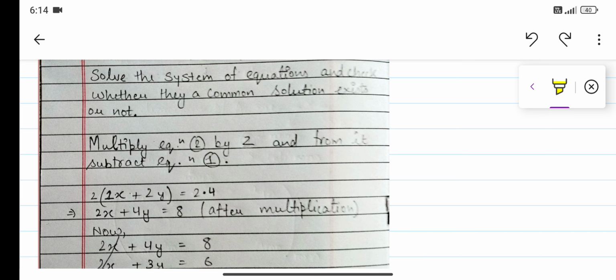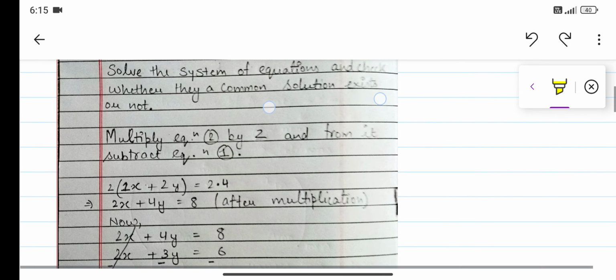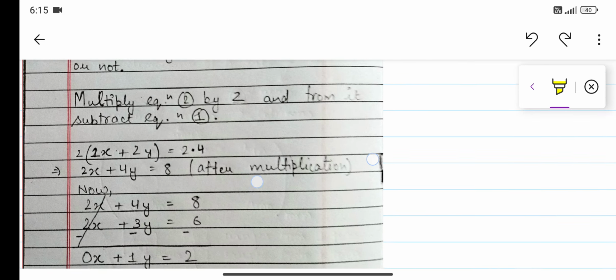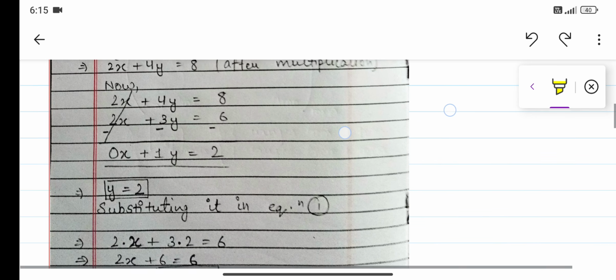And we are going to subtract the first equation, 2x plus 3y equals 6, from 2x plus 4y equals 8. So 2x cancels with 2x, 4y minus 3y leaves us with y, and 8 minus 6 is 2. So we get y equals 2.